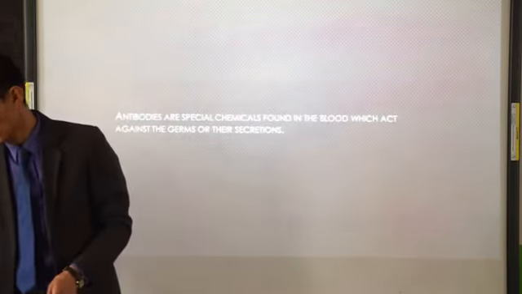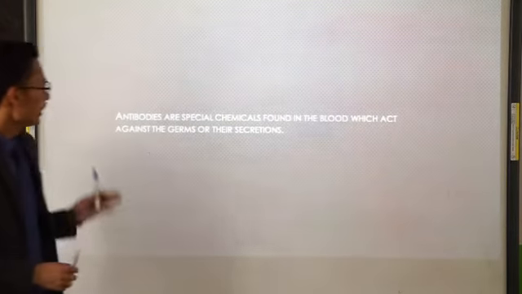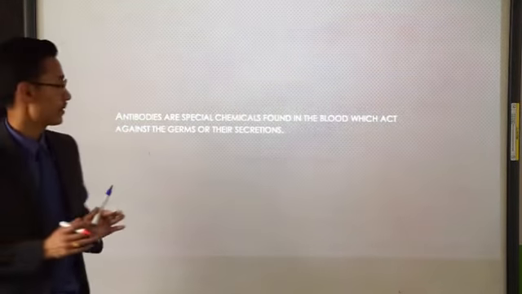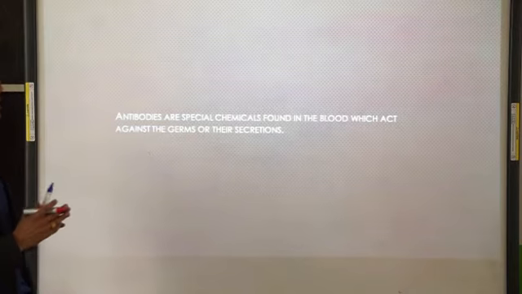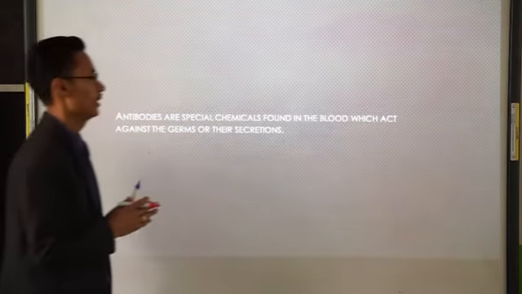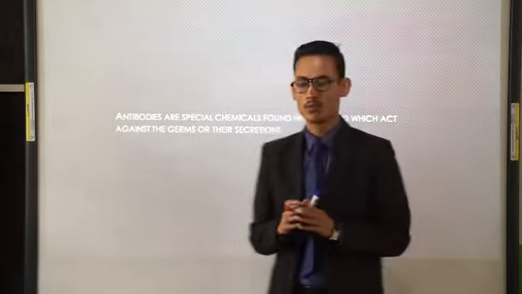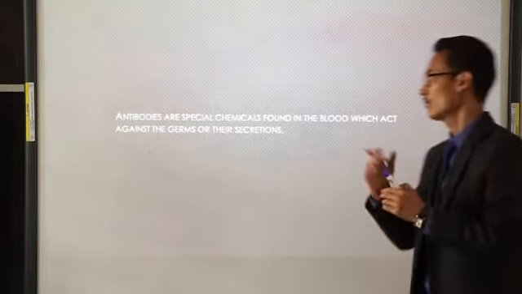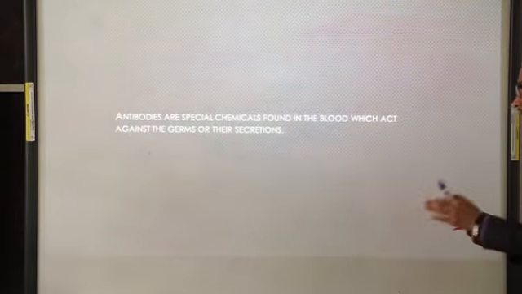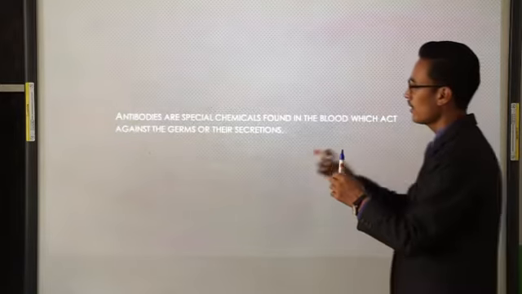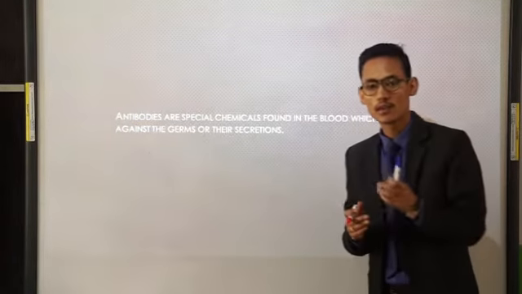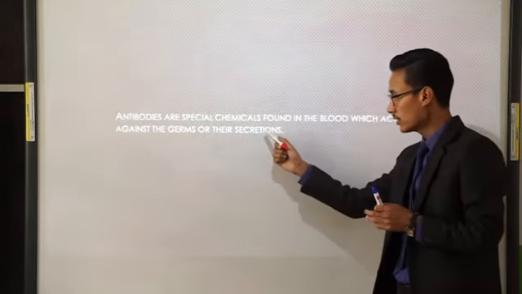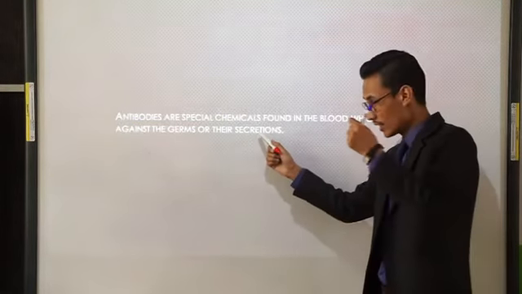Antibodies are special chemicals found in the blood which act against germs or their secretions. These antibodies fight against the germs or their secretions, meaning the secretions secreted by the germs.